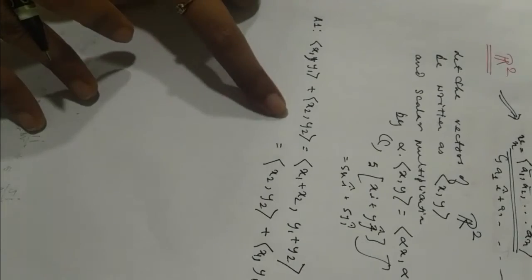These are just in a notation which is convenient for us to write. You can expand it and write if you want, but these notations are helpful to write such equations, right?